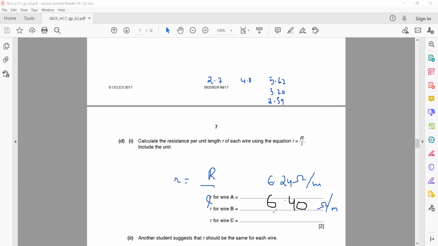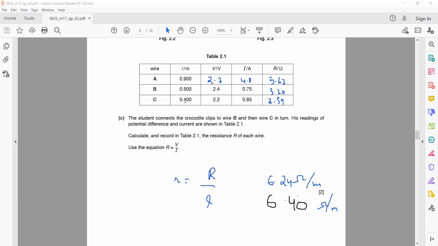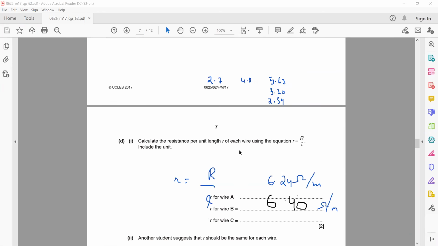And what about the third one? 2.59 divided by 0.4. You're using the same number of significant figures, so 6.48. Because the first answer has 3 significant figures, all the answers should have the same number of significant figures. That's why.